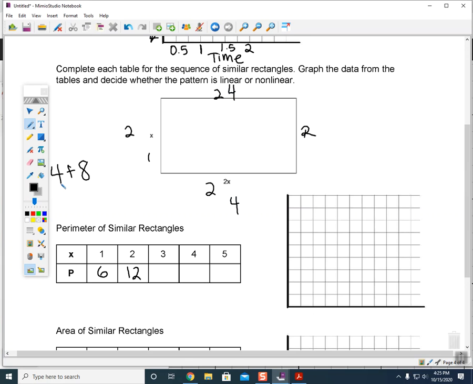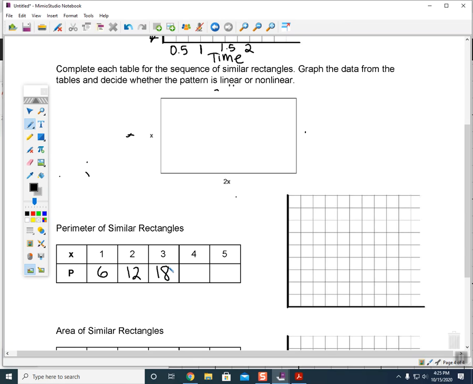Okay, and then let's see. For 3, I would have 3 plus 3 is 6. 2 times 3 is 6, so I'd have 12 plus 6 is 18.